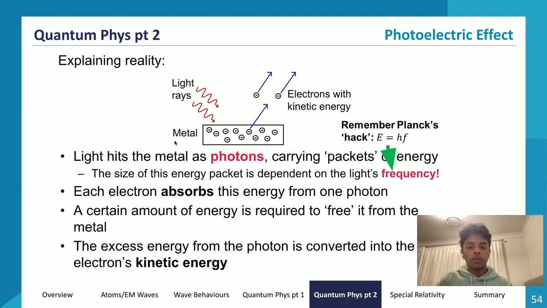And as it overcomes the threshold, the excess energy, so if a photon has more than enough energy for it to leave the metal, then this extra energy is converted into the electron's kinetic energy, or the electron's speed. So the greater the energy of the photon, assuming that it's above the threshold, the greater the speed of the electron as well, following kinetic energy, K equals half mv squared. So that's how that process works.